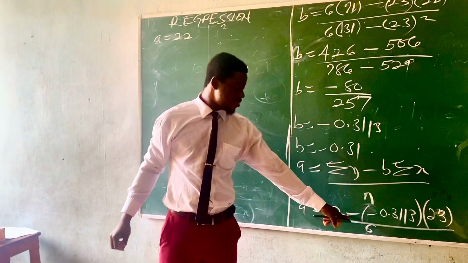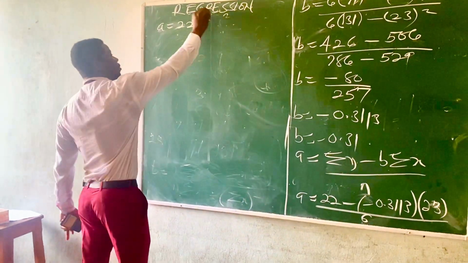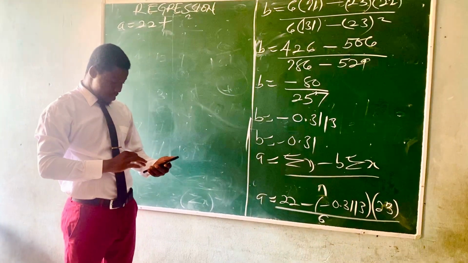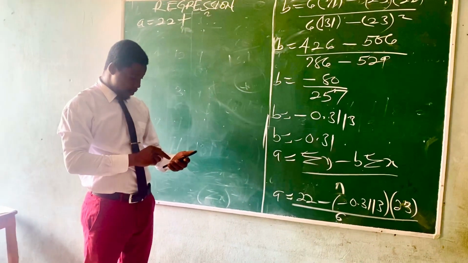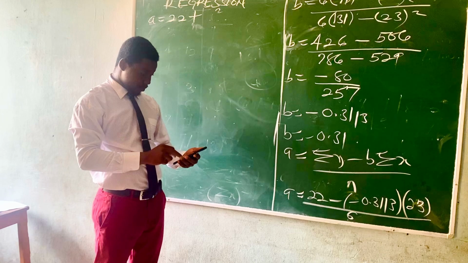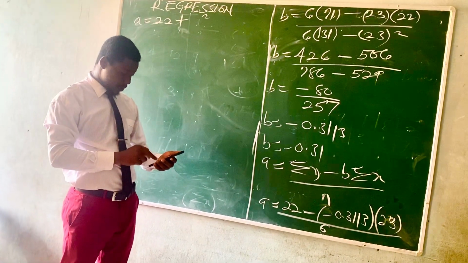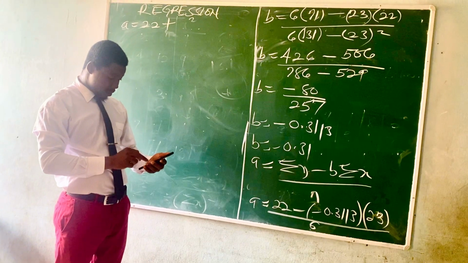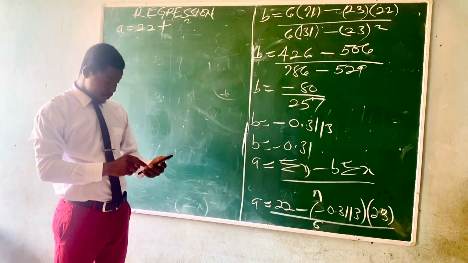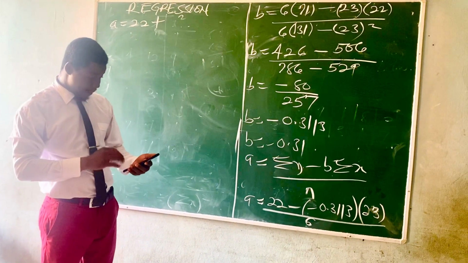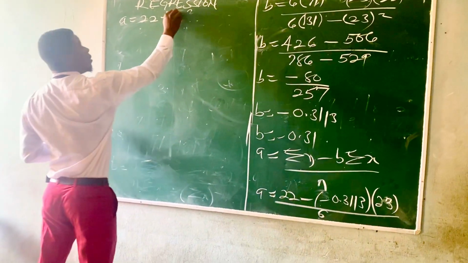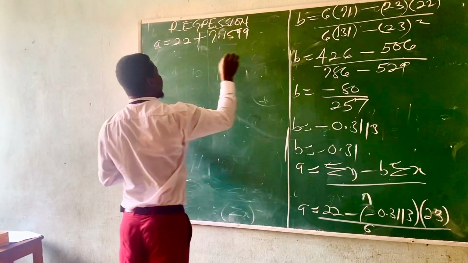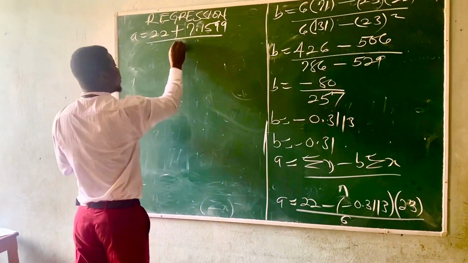Then you can see that minus times minus collapses to plus. And then from here, you multiply 0.3113 times 23. So we have 7.1599. Then everything divided by 6.